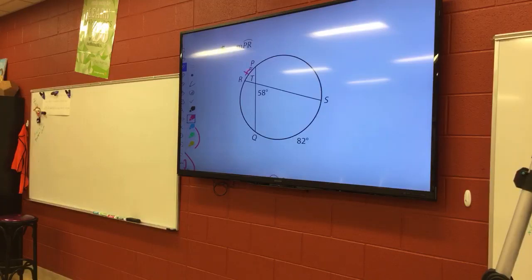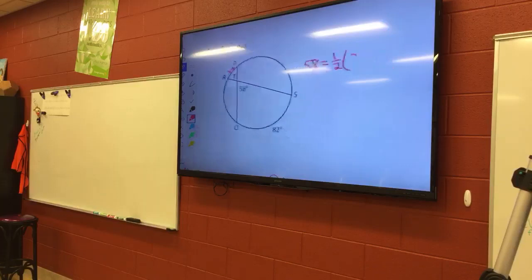Now the formula doesn't change, right? The angle equals 1/2 the sum of the two arcs. So I've got 58 equals 1/2 of 82 plus X. Do you see that we're just putting it in a different place?